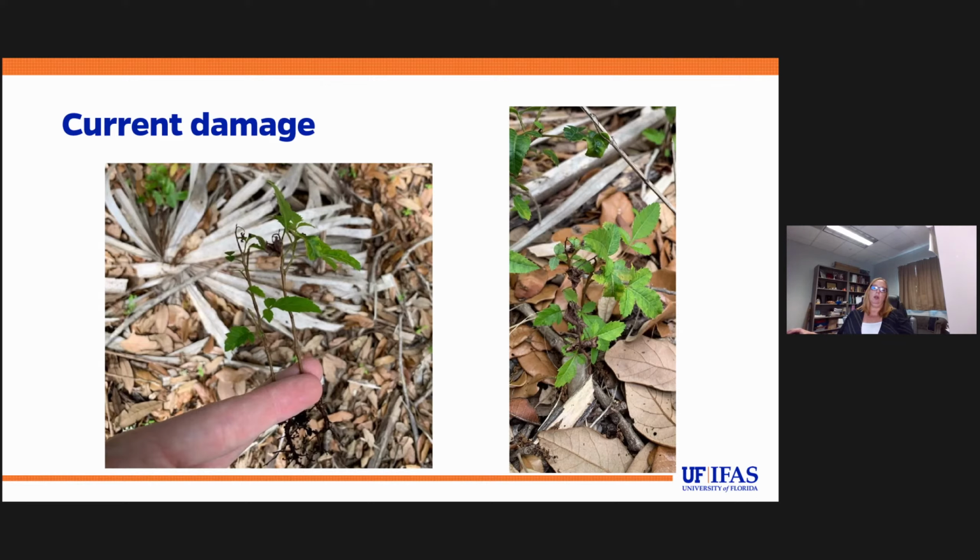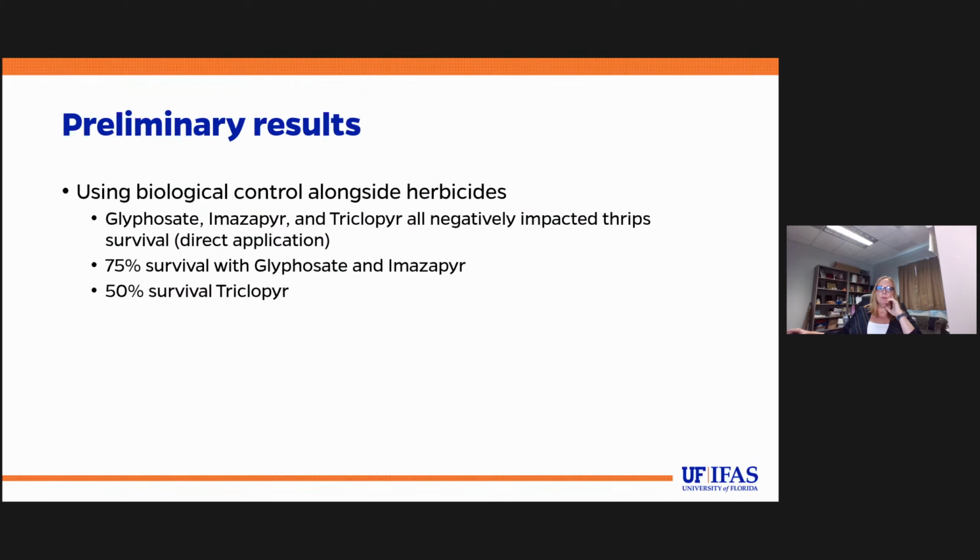And it made us think, well, if we are starting to really damage seedlings, then maybe there is some opportunity here to be able to combine biological control with other methods of control like herbicides. So take out the big guys with the herbicides and then have thrips ready to go for anything that regrows, because inevitably it regrows.